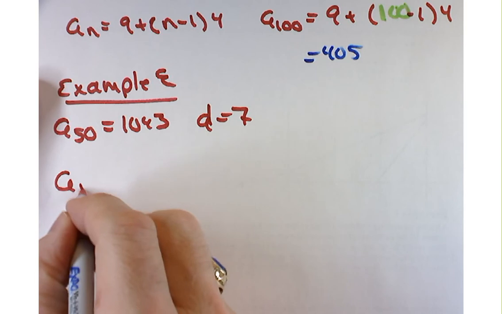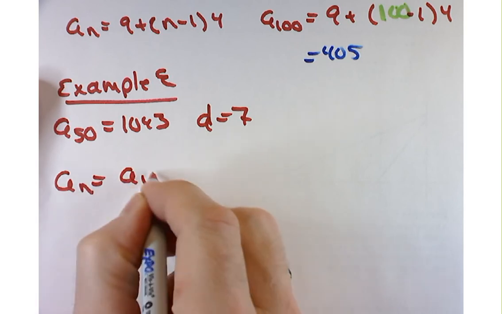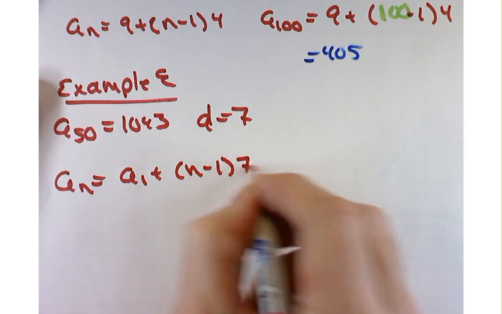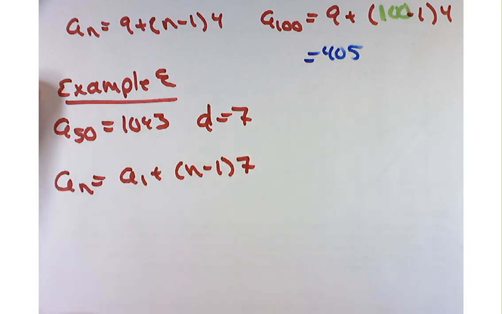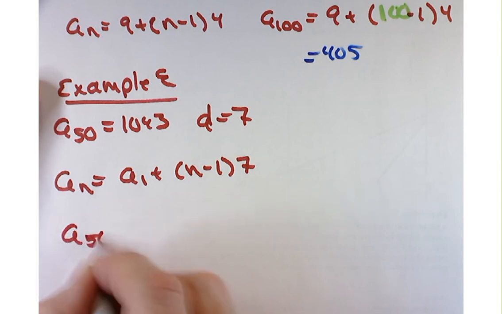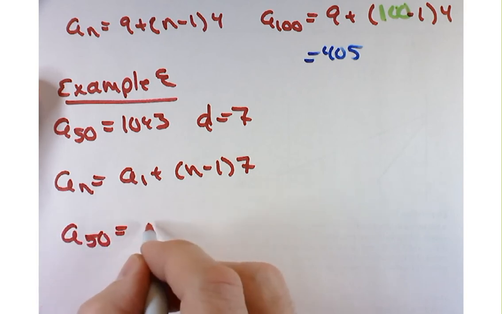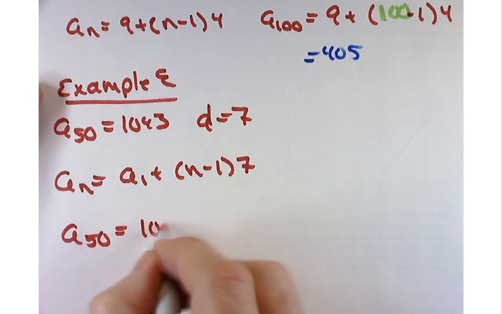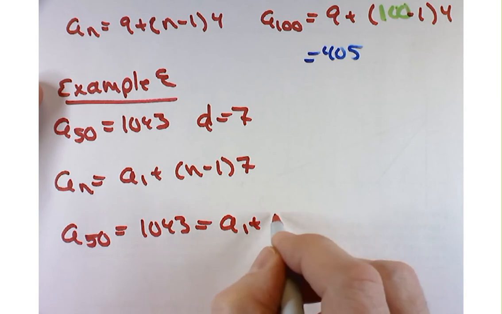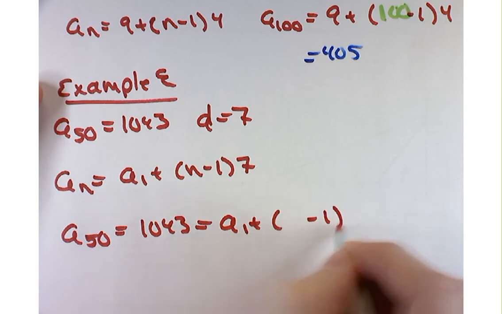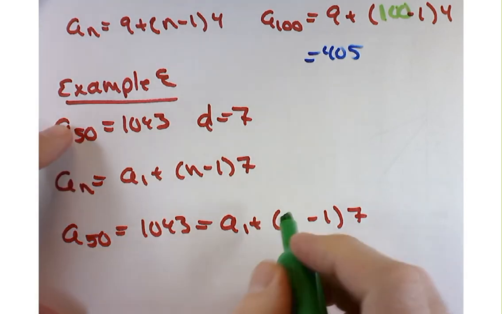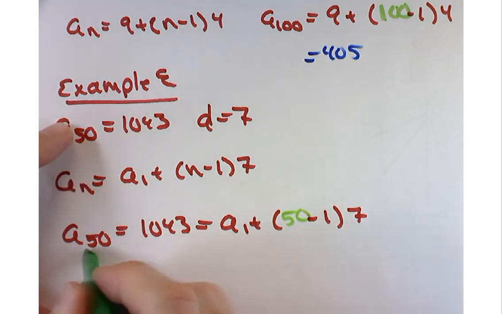We know a sub n has to be a sub 1 plus n minus 1 times 7, right? And in particular, a sub 50 is going to be 1043, but it's also going to be a sub 1 plus 50 minus 1 times 7. So we've got a 50 here, a 50 there.